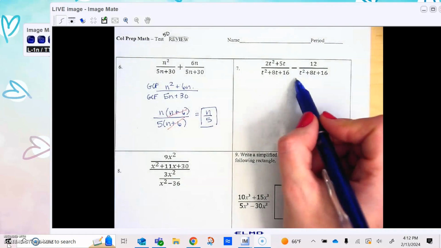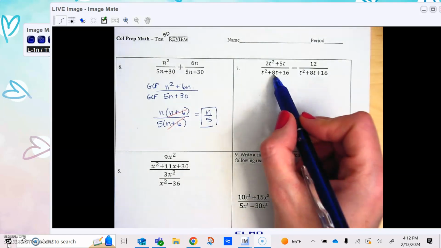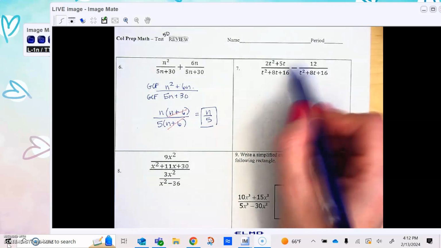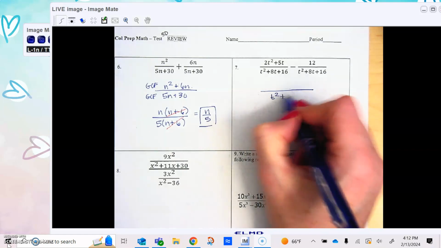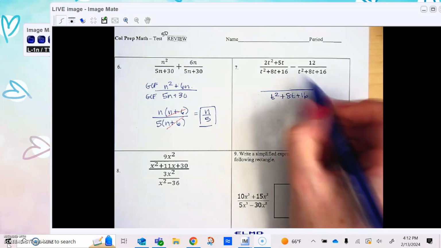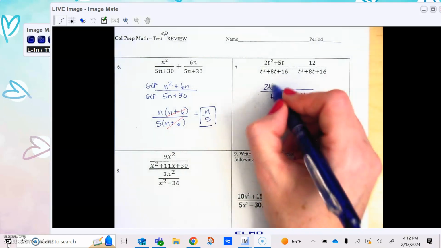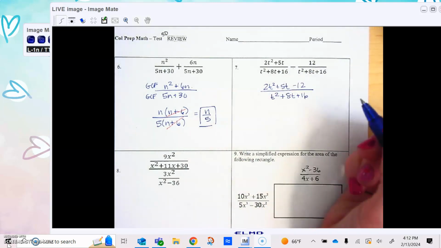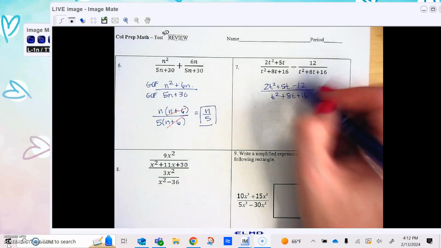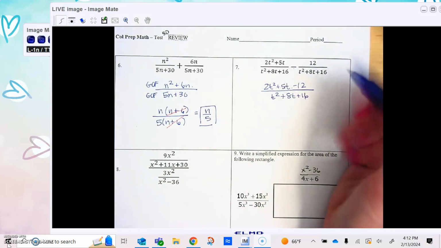This problem here, again, is adding or subtracting with the same denominator. So we're going to combine them into one. The numerators give me 2t squared plus 5t minus 12. This is a slip and slide in the numerator.